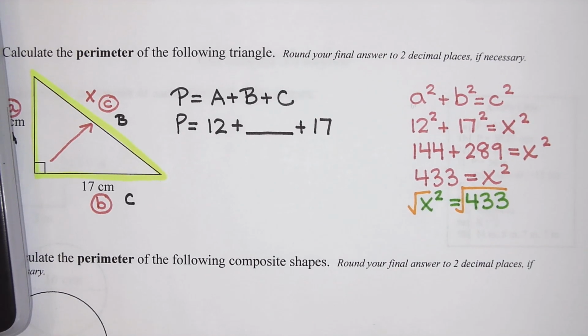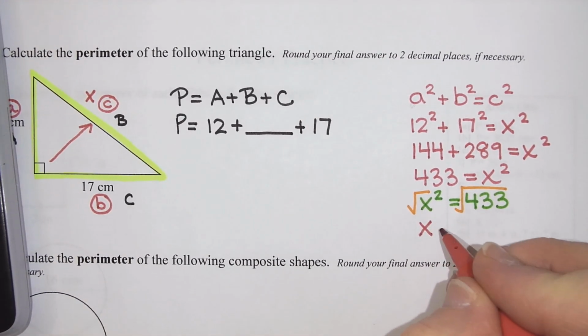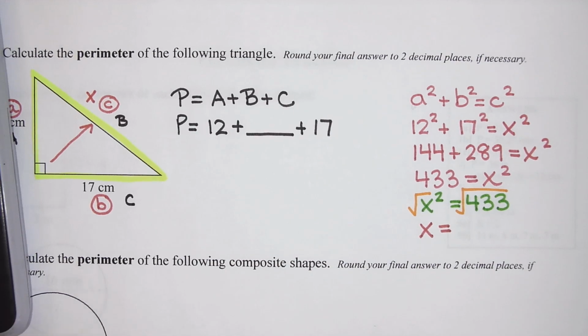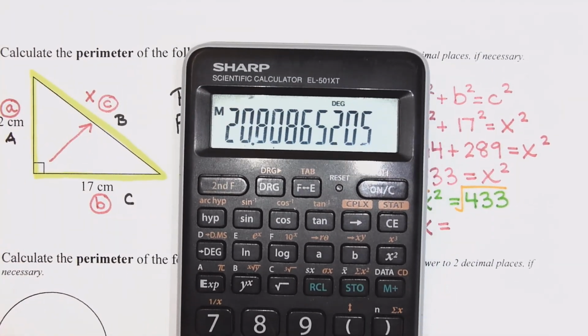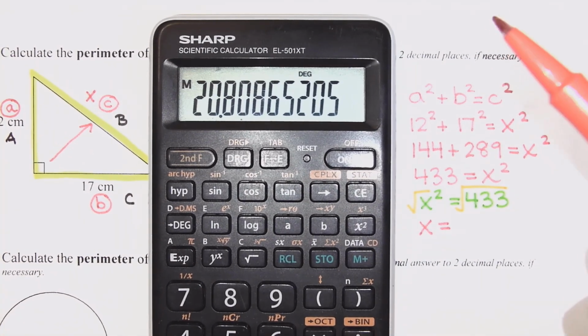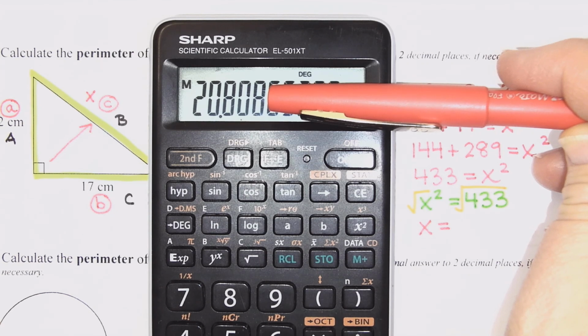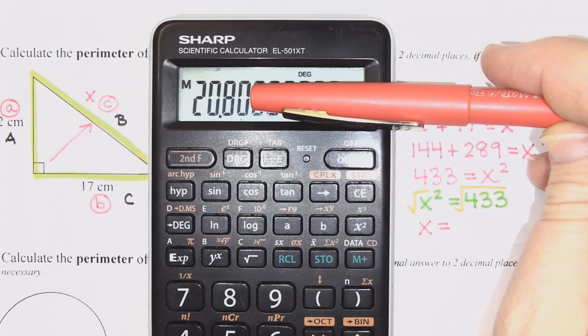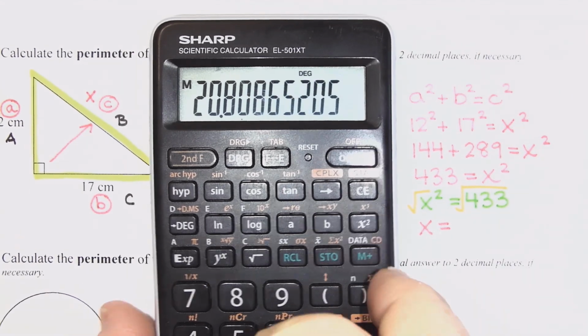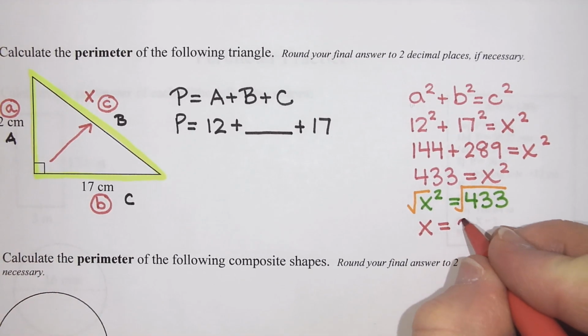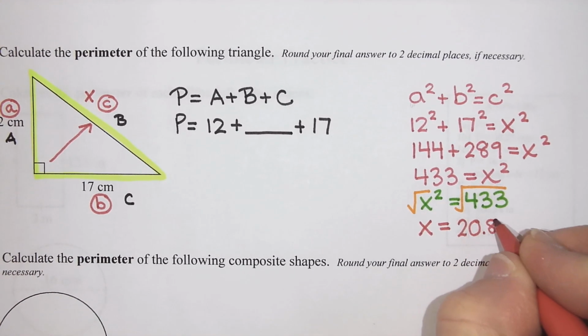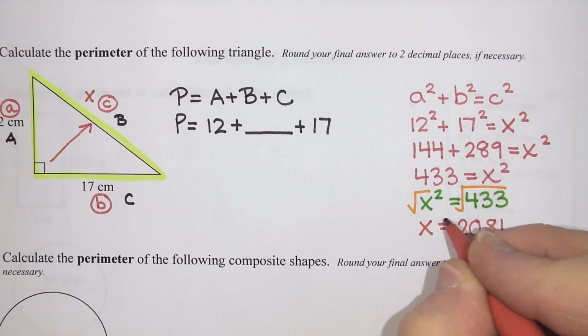So the square root of x squared is x, and then the square root of 433 is a decimal. It's an irrational number. So I have 20.80. The next number is an 8. So that means this is going to round up to 20.81. And that should be in centimeters.